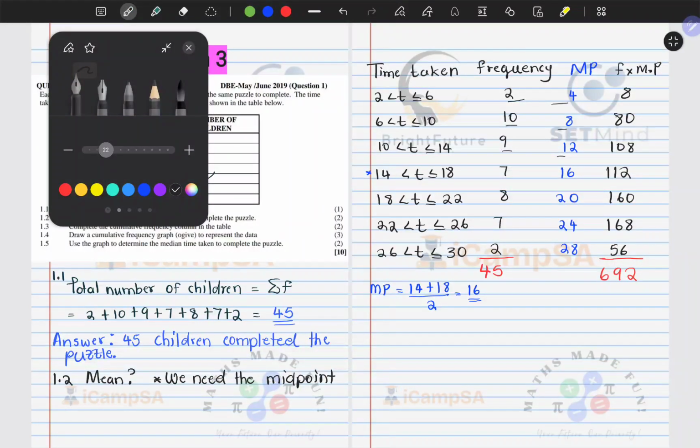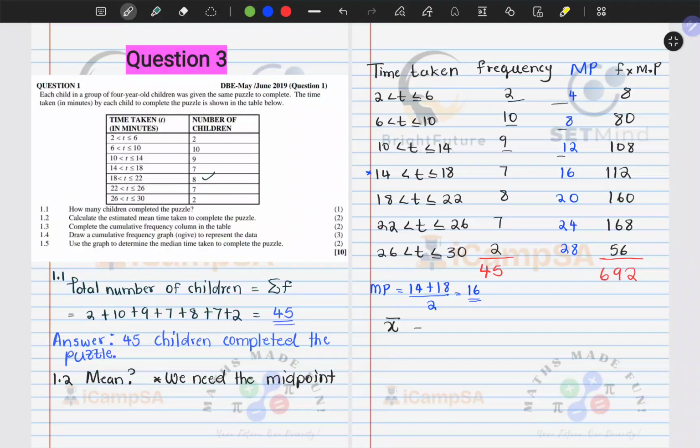So now we can find the mean. Our mean is going to be 692 all divided by 45, and this is going to be 15.38. So that is the mean which we end up getting.